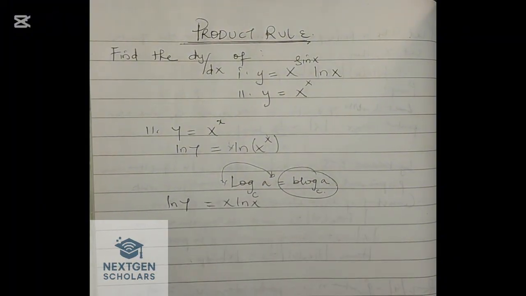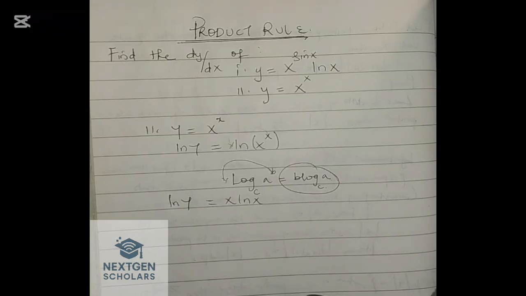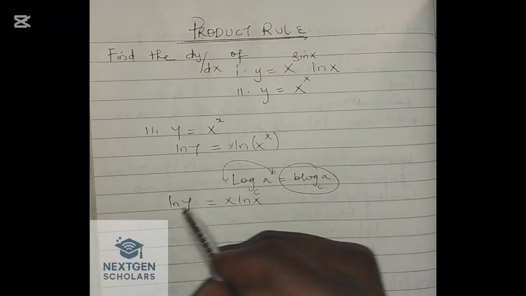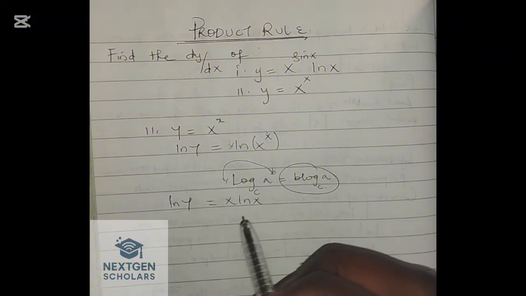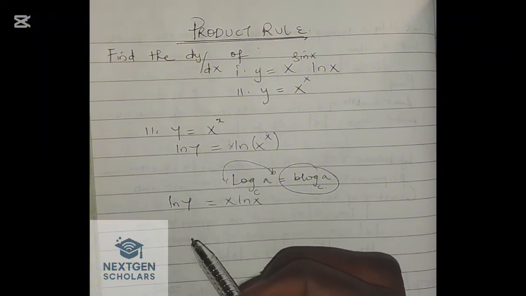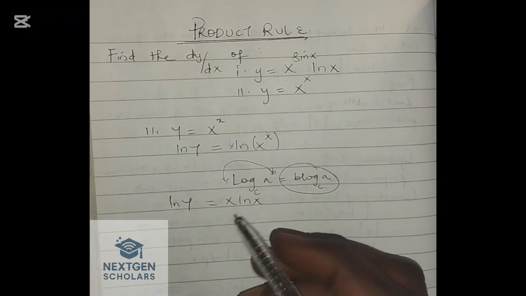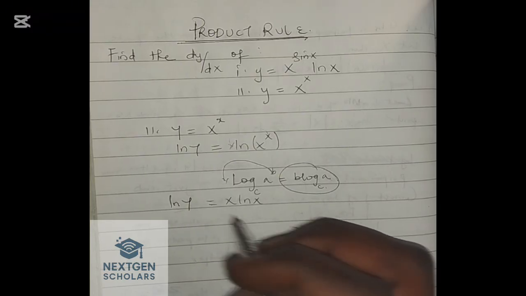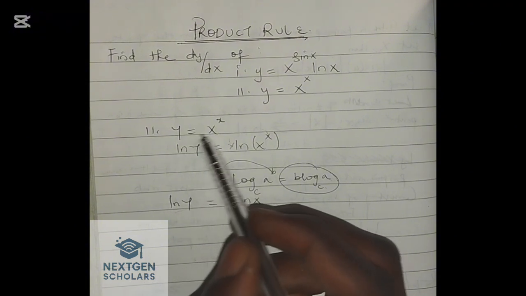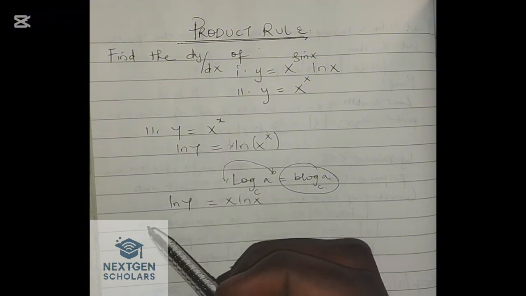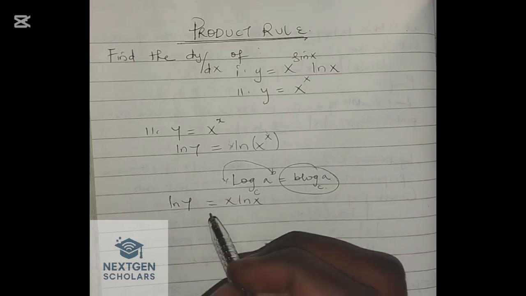Here we can apply our product rule. But you see the function has changed from y to ln y, and because of this we apply what we call implicit differentiation to this part. Don't forget, your function depends on x, so we have to differentiate with respect to x.